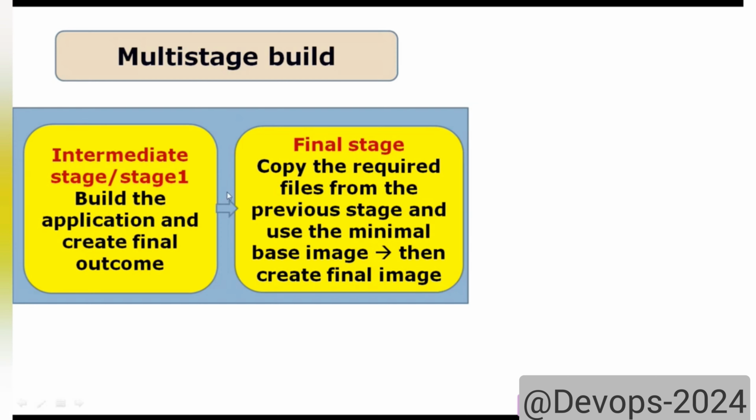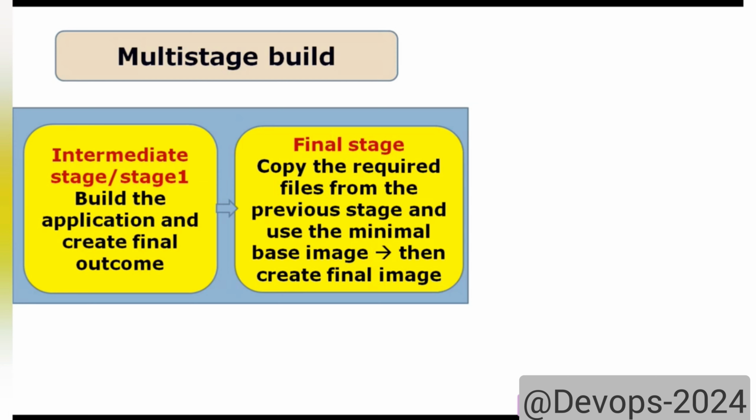If you just write the instruction using the COPY instruction, that will be taken care of. Then it will take the minimal base image, copy the required files from the first stage, and finally create the image. So the final image has only two layers: one is the Alpine base image or slim image, which is the slim variant for the application, and your application files. So the layers are very few.